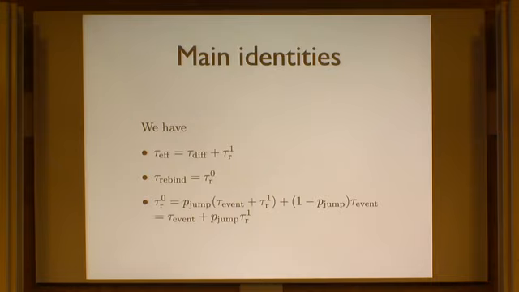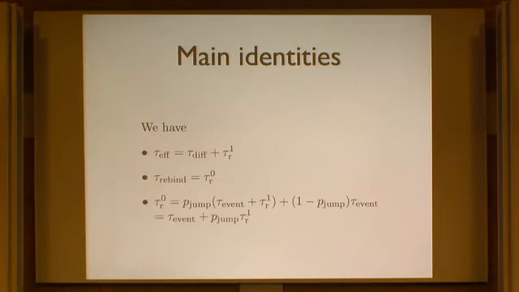Plus the probability they don't jump but react times the average time for that event. That's just this. So we can easily relate this time to this time, and the reaction rates will show up in these expressions.